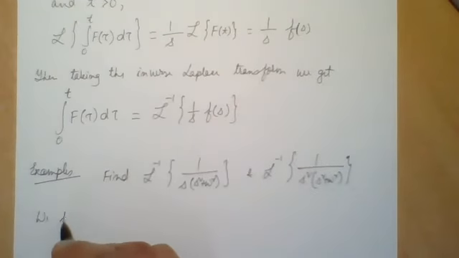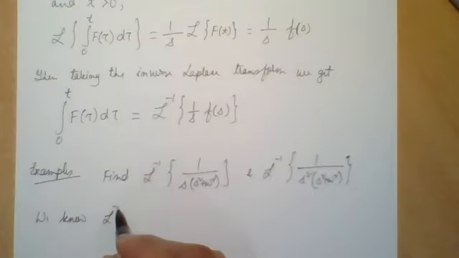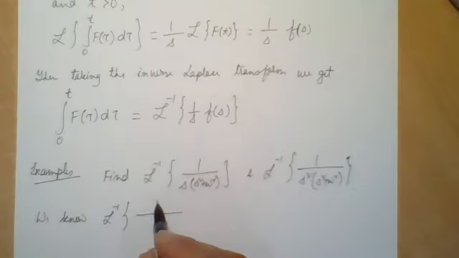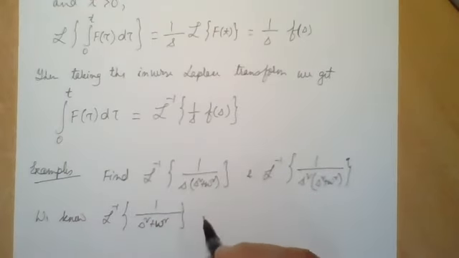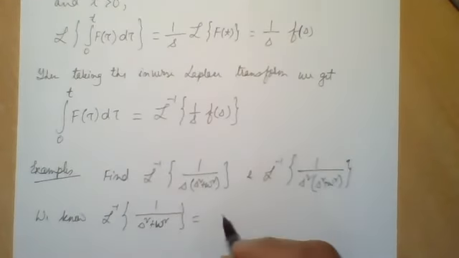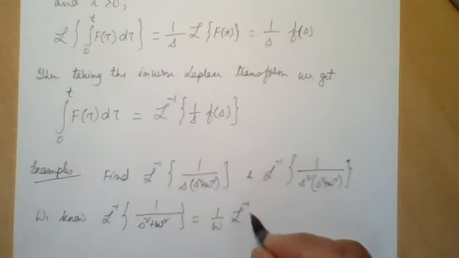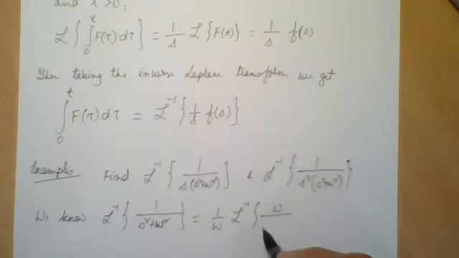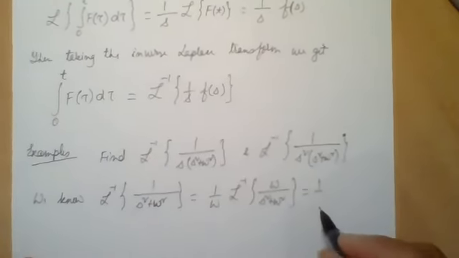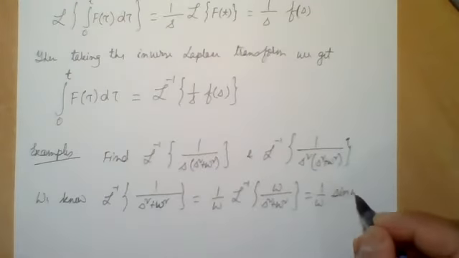We know the inverse Laplace transform of, let us ignore this s once, 1 by s squared plus omega squared. You multiply and divide by omega, omega is a constant. So 1 by omega times the inverse Laplace transform of omega by s squared plus omega squared, which is nothing but sine omega t. So this is 1 by omega sine omega t.